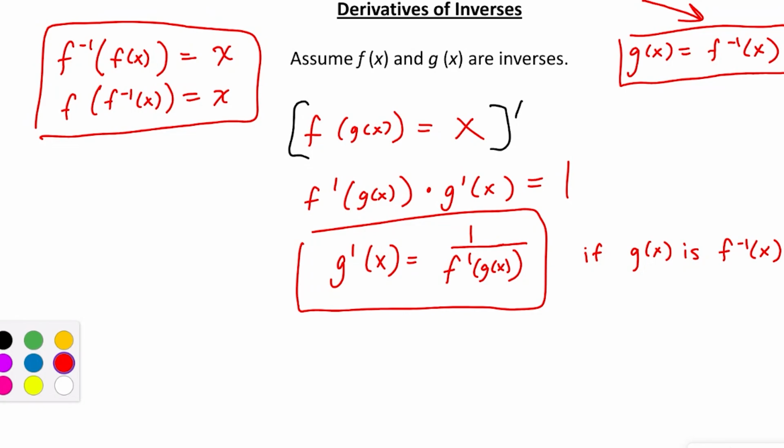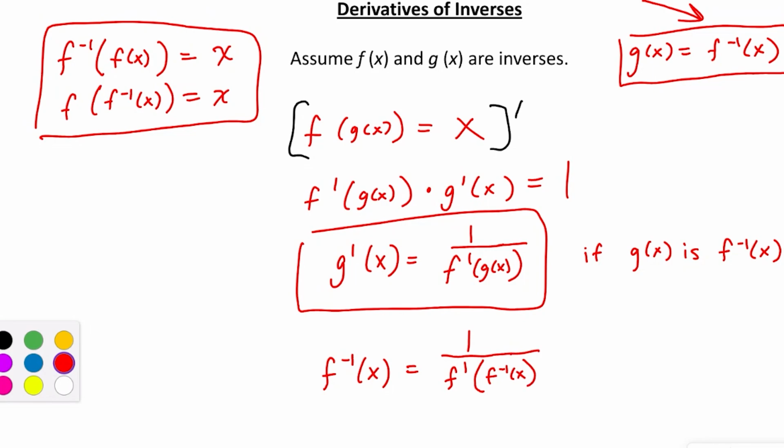So if we want to not refer to g and just talk about f and its own inverse, we could rewrite this as the inverse of f, remember that's just g, that's how we define g to begin with, is equal to 1 over the derivative of f of the inverse of f.